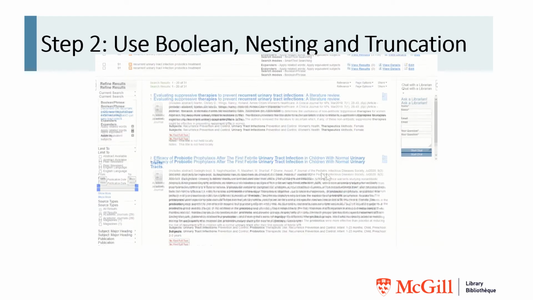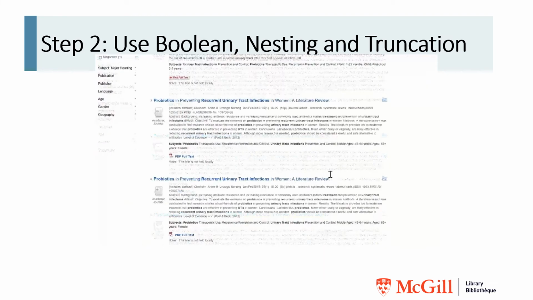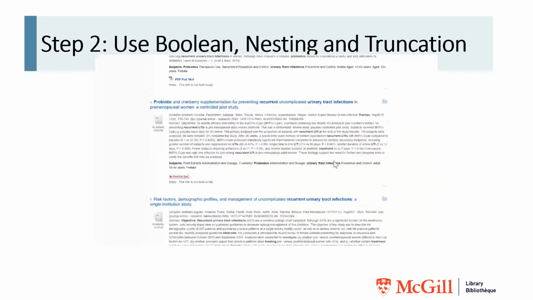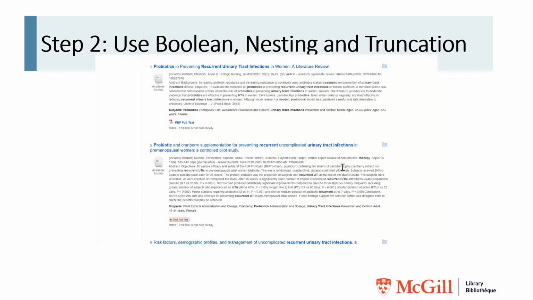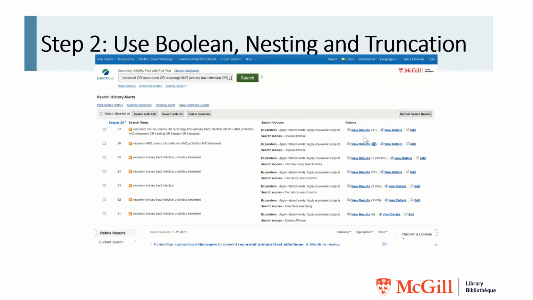So we can look down at our results, but it can sometimes be difficult to see what's different between what you found and what you didn't find before, right? So that's where, and here we can click on that to clear it, this is basically the only time that we recommend using the Boolean operator NOT, because you can actually ask the database to show you what it found in S7.